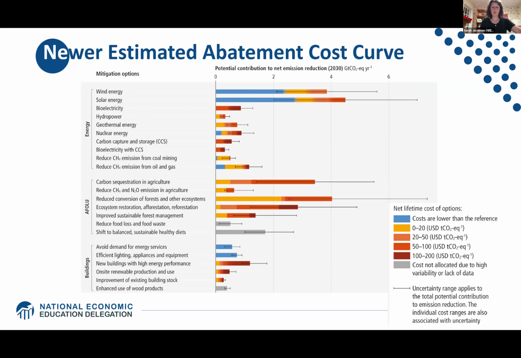In fact, if you look at these big blue chunks here, wind energy and solar energy both have big blue spans to their contribution. That means that there's a bunch of wind energy and solar energy that are right now, with the current technology and the current policies in place, in the money. There's some that are more expensive to do, that are not worthwhile in terms of expenditures relative to fossil fuel energy.